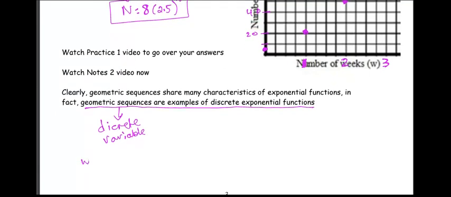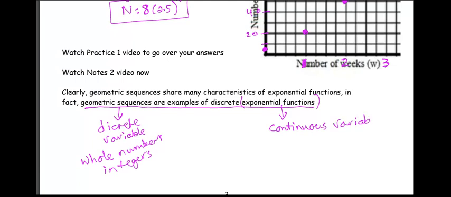It can be represented by whole numbers, integers, natural numbers, but cannot be represented by real numbers. When we have an exponential function, that means we have continuous variables. We have variables that can be represented by real numbers.